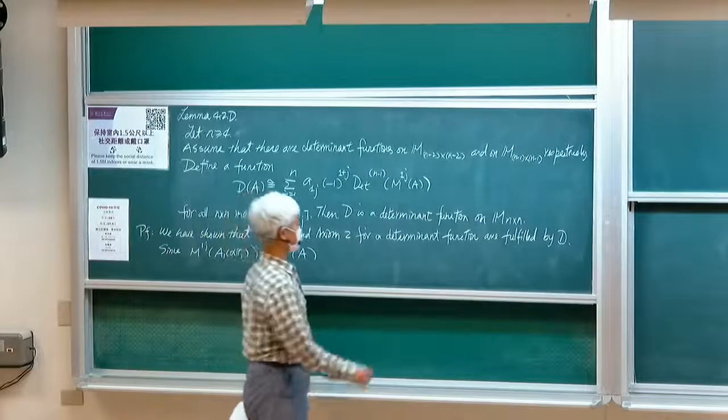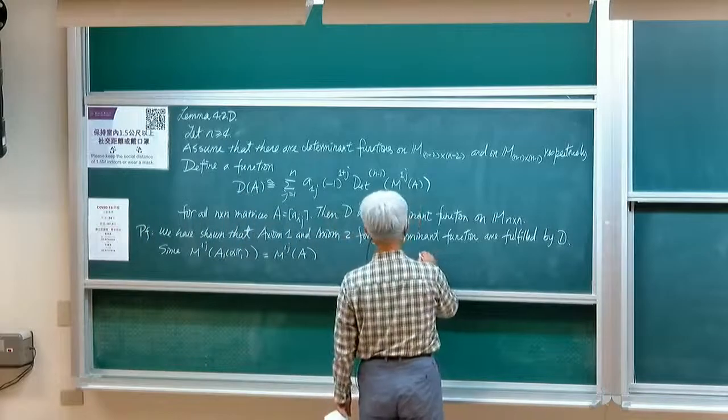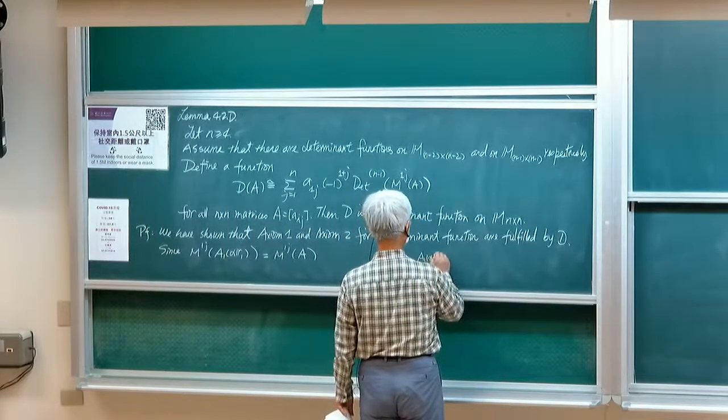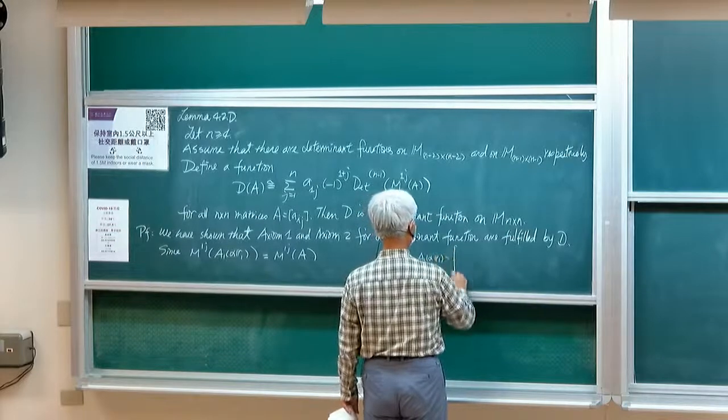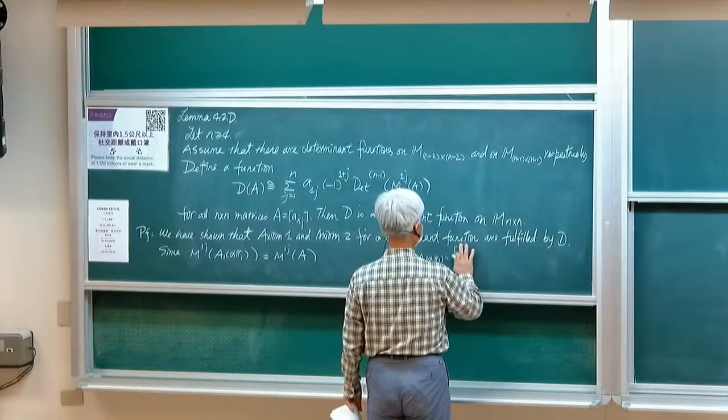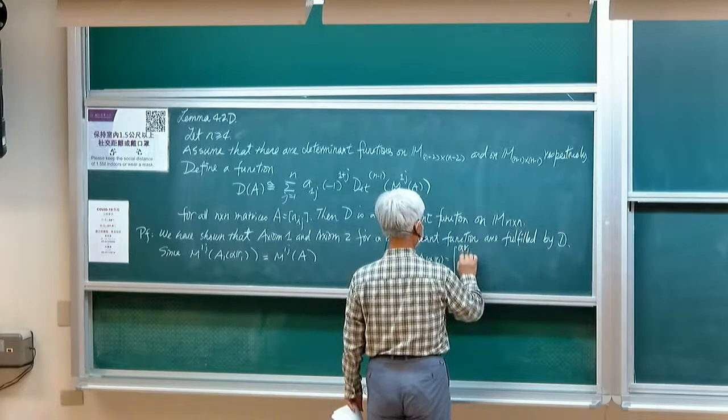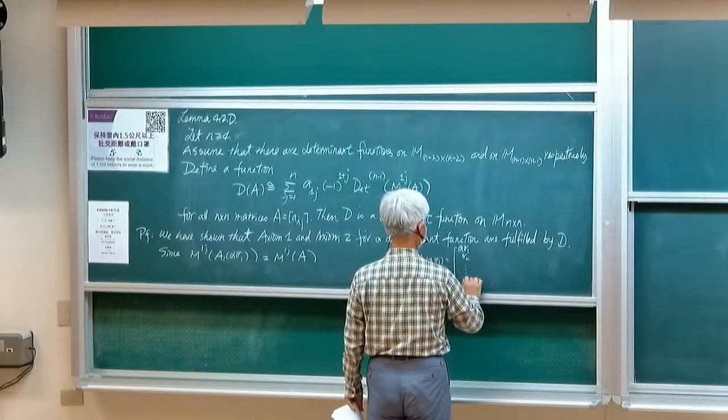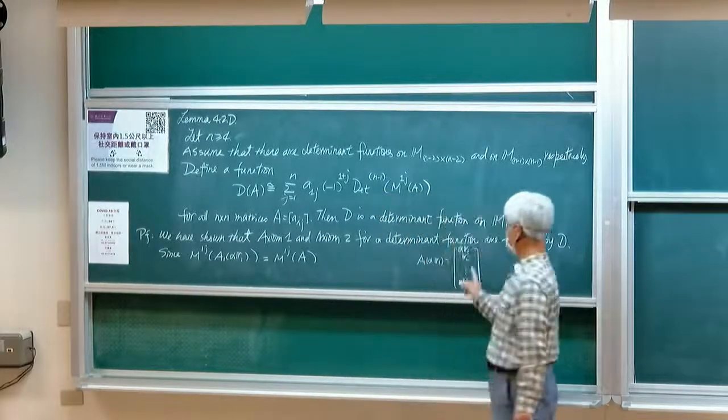So you can think about that A with first row alpha R1 actually is this matrix.